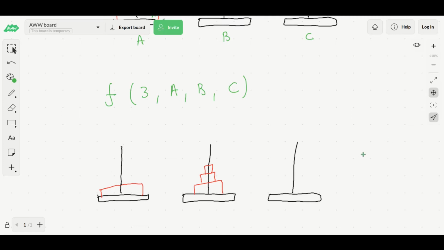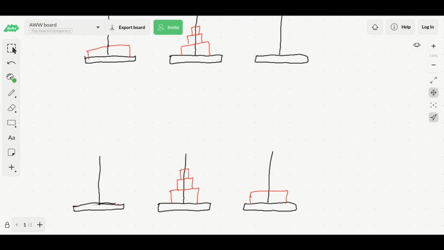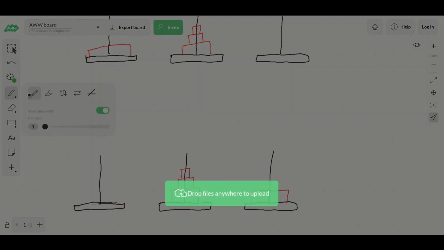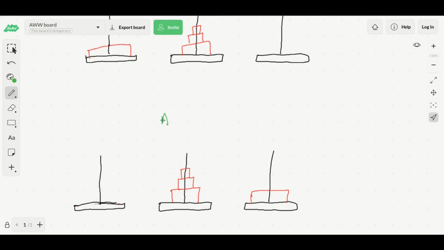And then what we did next was to move this disk from here to here, so we performed the move A to C, and we got to this position.